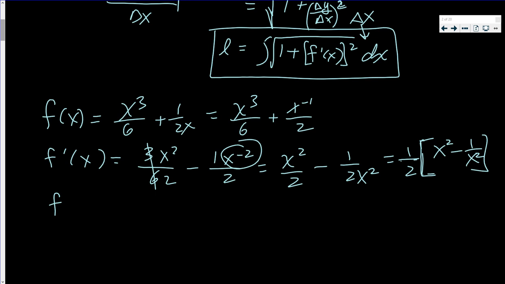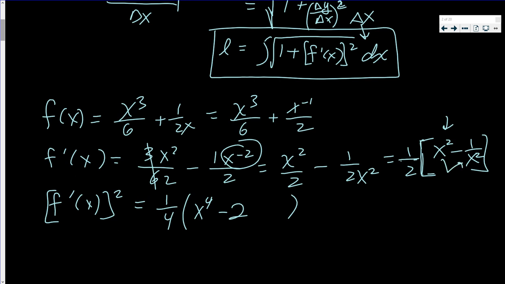And then you have to square this. Well, you have to square the 1/2, and you have to square what's in the bracket. Well, it's a subtraction. So you get the first term squared, which is x to the 4th, minus 2 times the product. The product is just 1, plus you get the second term squared, 1 over x to the 4th.